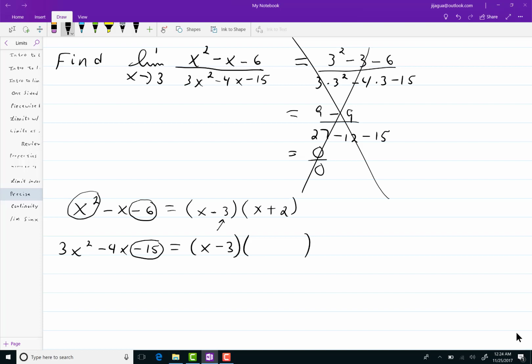Negative 3 times what gives me negative 15, and that would be a positive 5. And then since we have to start with a 3x squared, I know I have to have 3x plus 5 as the other factor.